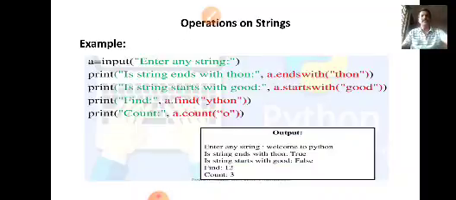Correct. So you observe that in this example, input enter a string, we take welcome to Python. Is string ends with thon? Yes, thon is available in our string, so that time it returns a true result. Is string starts with good? a.startswith good is false, because our words begin with welcome. Okay.